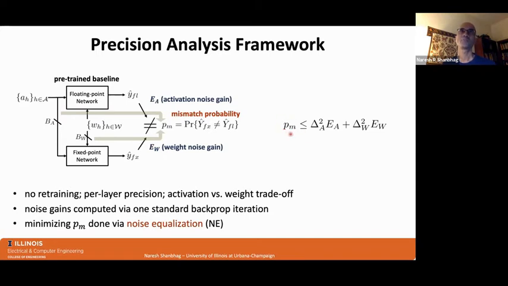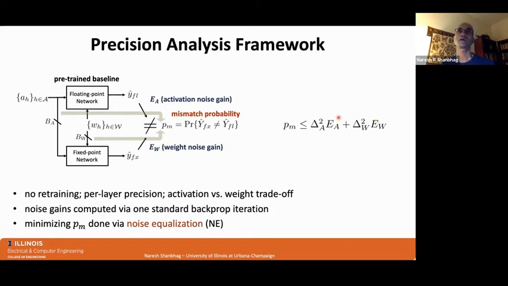And so this upper bound on mismatch probability, P sub m, the probability that the two networks will disagree, is upper bounded by this expression, right? Now, if I can calculate these two terms, the noise gains, maybe for every activation in the network, perhaps for every weight, or maybe for every activation per layer, the granularity of this analysis is up to me.